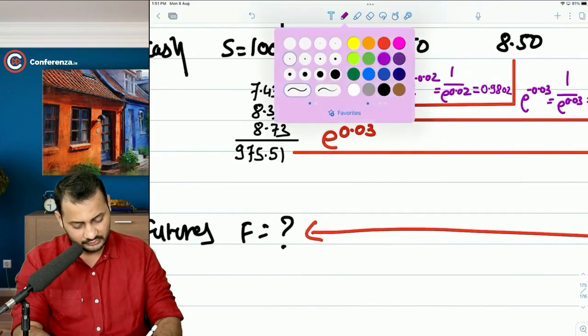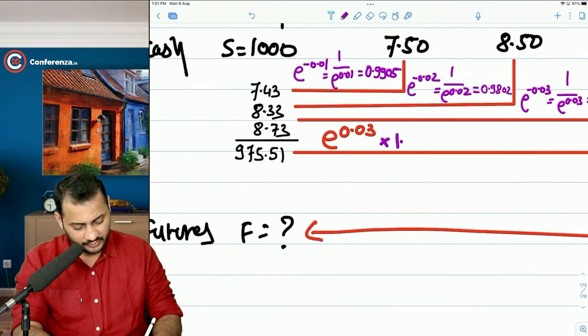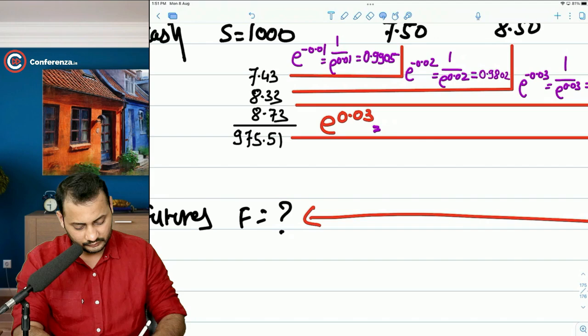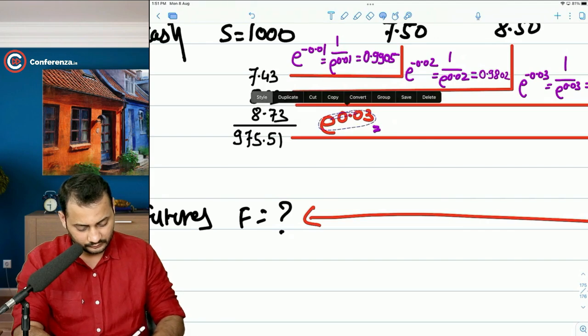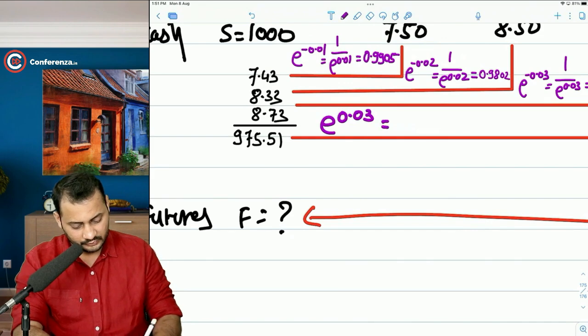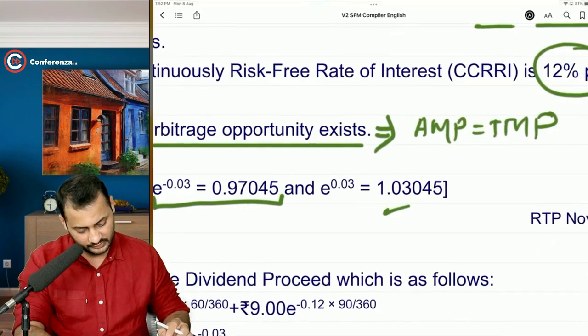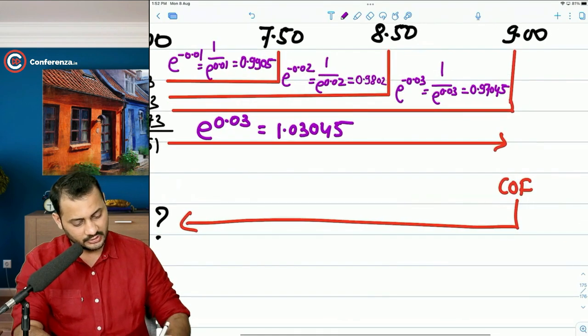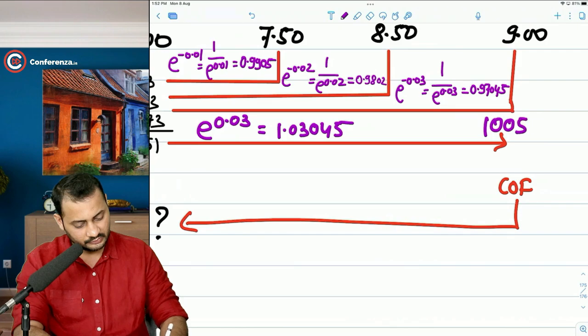So 975.51 multiplied by 1.03045, that's 1005.21.